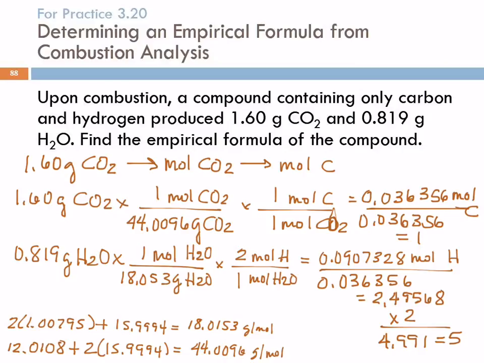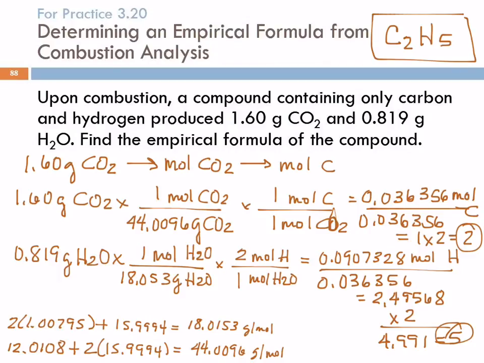I also have to multiply the other ratio by 2. So I'm getting a 2 and a 5. So carbon, 2, hydrogen, 5. C2H5. Any questions?